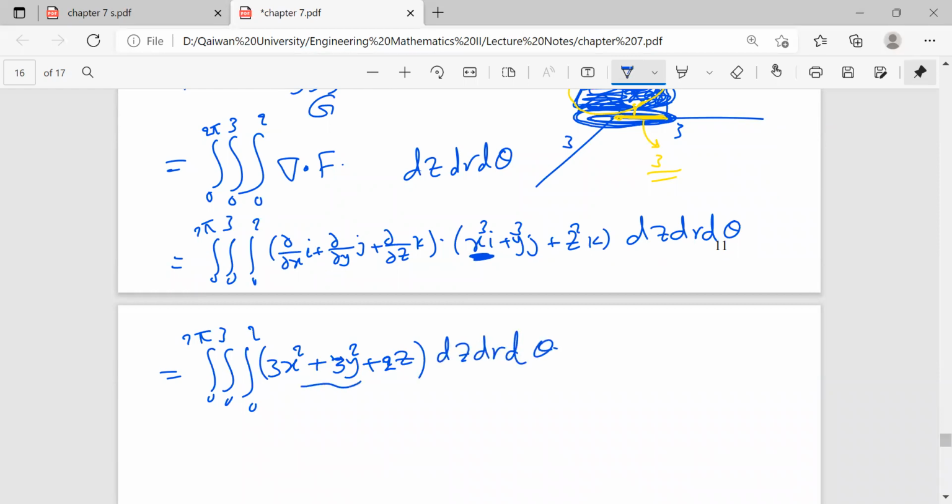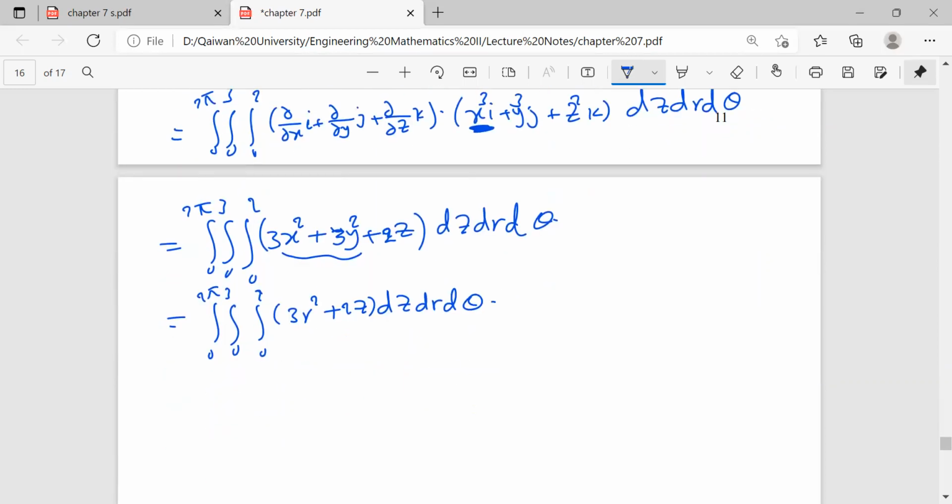We now convert x squared plus y squared to r squared, so you get 3r squared. This equals the integral from 0 to 2, 0 to 3, and 0 to 2 pi of 3r squared plus 2z dz dr d theta.